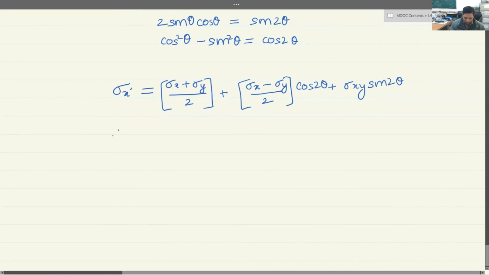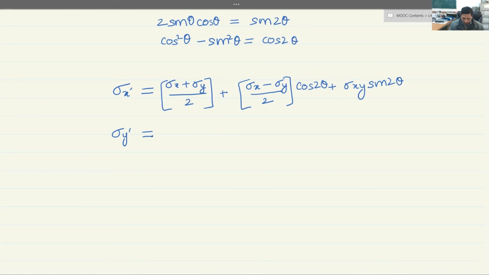sine 2 theta. And like I said, sigma x prime and sigma y prime are the same thing, only that they are rotated by 90 degrees, as will also be obvious from this.